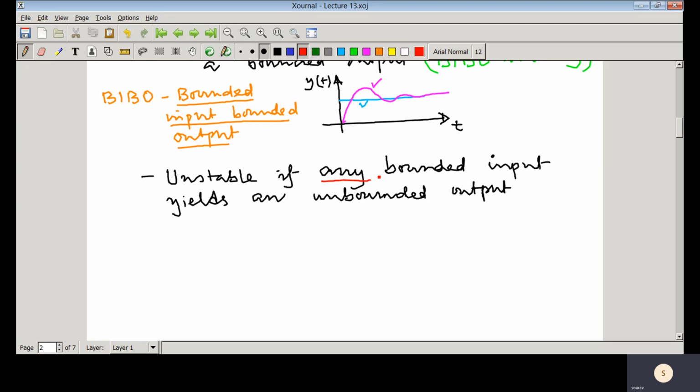So that means if you have a system, if you can find a bounded input for which you are getting an unbounded output, then that system is called an unstable system.